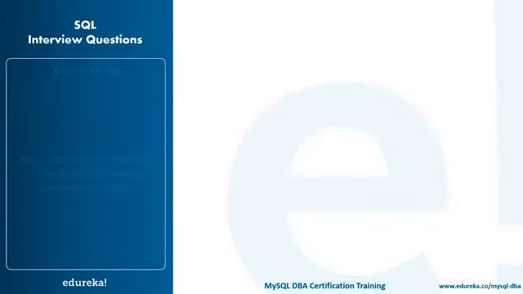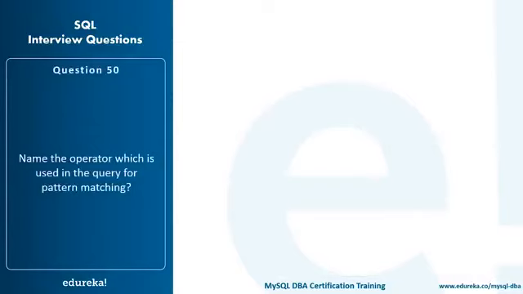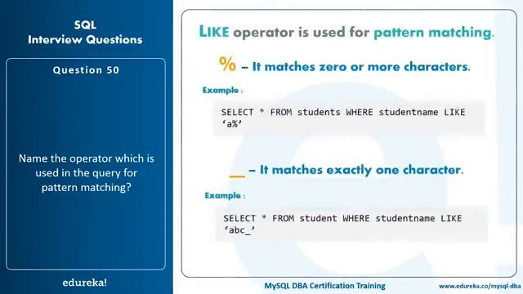Now let's move forward to the next question, that is, name the operator which is used in a query for pattern matching. The operator which is used in a query for pattern matching is basically the like operator. In the like operator, you can use either the percentage sign or the underscore sign. The percentage sign basically matches zero or more characters. If you use the percentage sign in a query, like select star from students where student name like 'A%', all those student names whose name starts with A and ends with any character will be taken into account, and all the information related to those records will be retrieved.